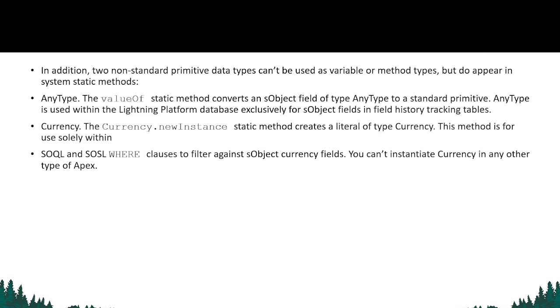The currency instance static method is creating a type of currency. This will be used inside the SOQL and SOSL where you have provided the where clauses for the currency fields of the sObject. Now you can also use it to instantiate the currency in any type of Apex.